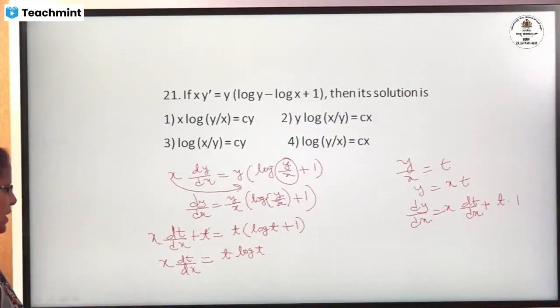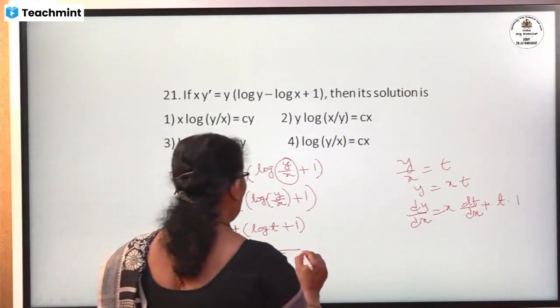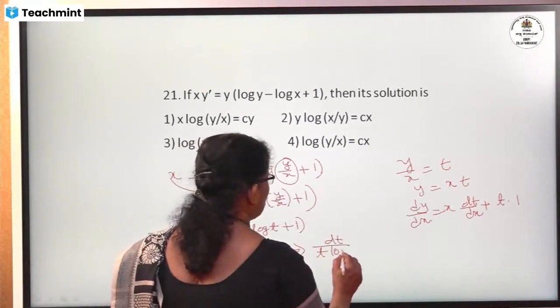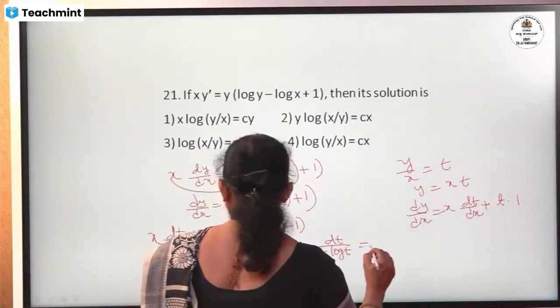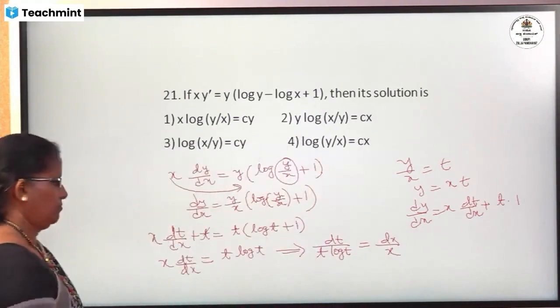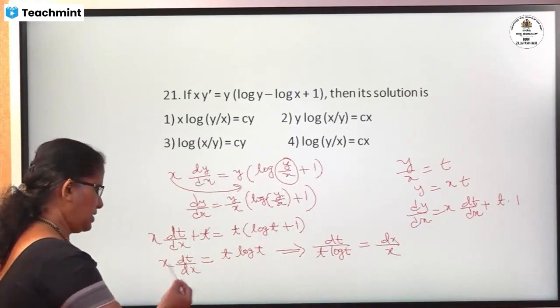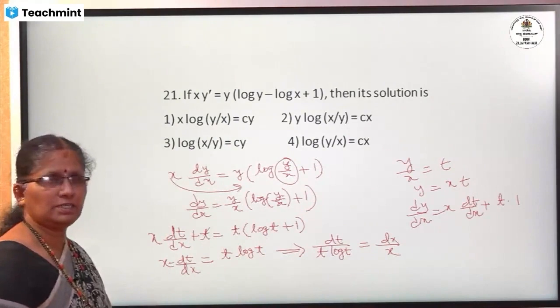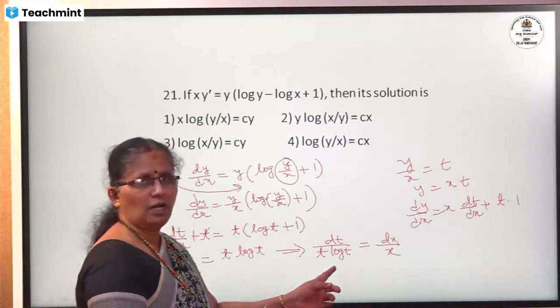Now if I separate the variables, do I get dt by t log t equal to dx by x? This t log t comes here, x goes there, dx goes here, x comes here. Just now we did this integration. How is the integral?